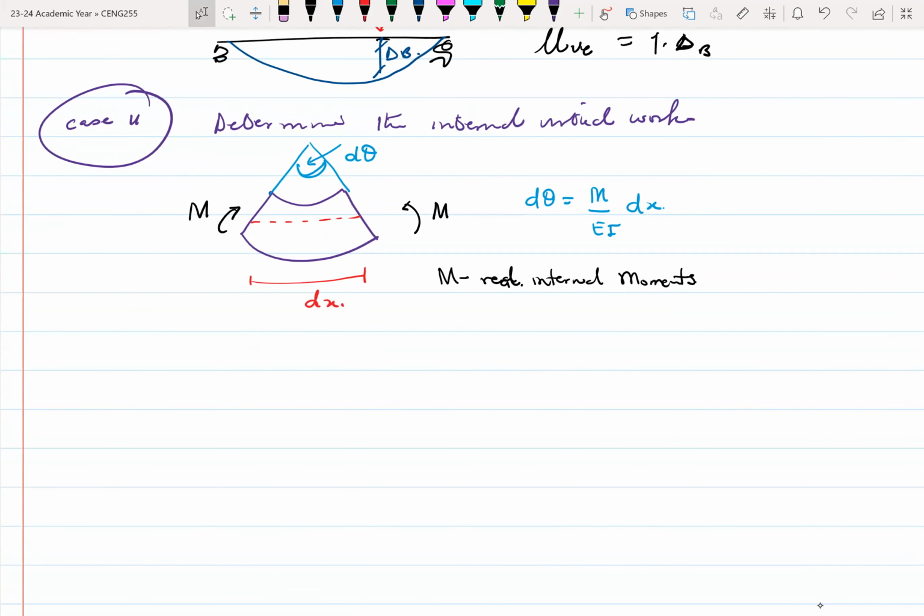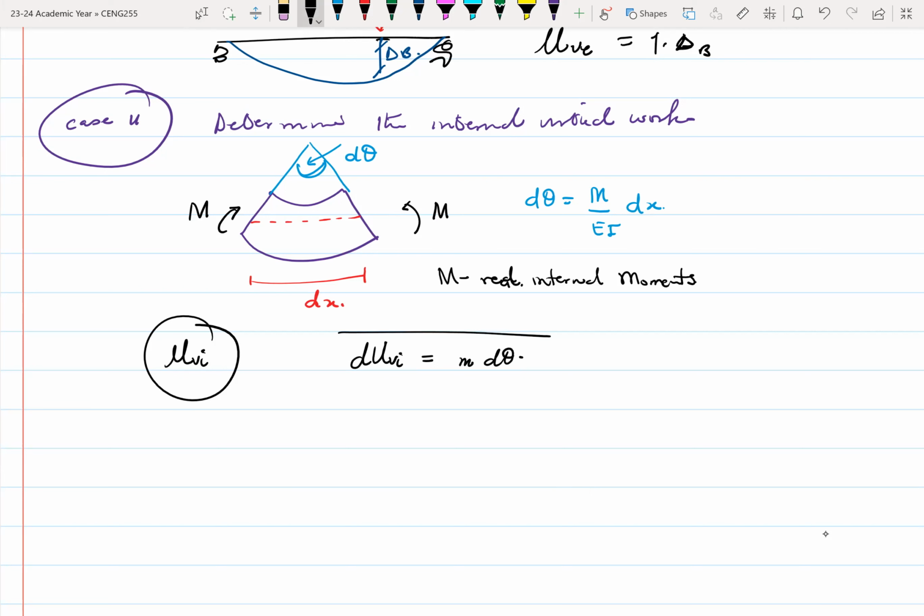So now let's look at a few things. Let's find the internal work done due to the virtual load. We have also established that for a small system, a change in the virtual work done is equal to a virtual internal moment times the theta.